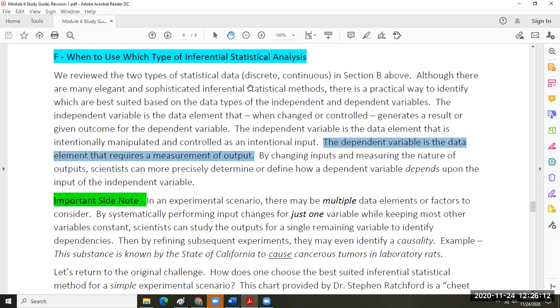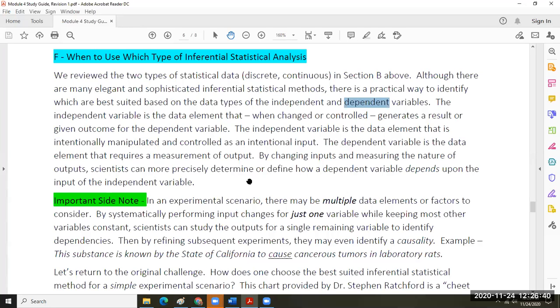So as you're looking at the different statistical data measures or types, it's also important to identify which one is the independent and which one's the dependent, and you have to understand, right? So whenever you change or control the independent variable, there's a result that's generated in the dependent variable.